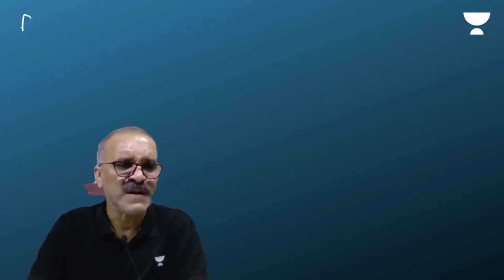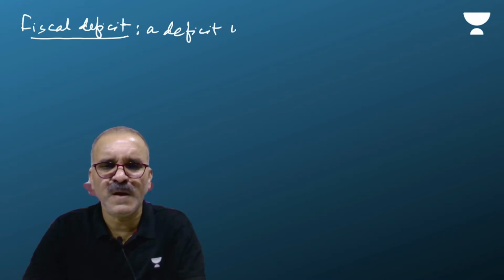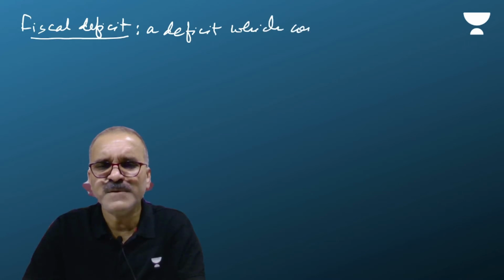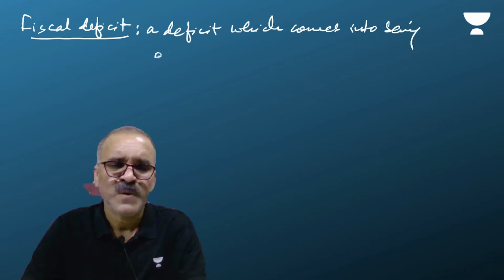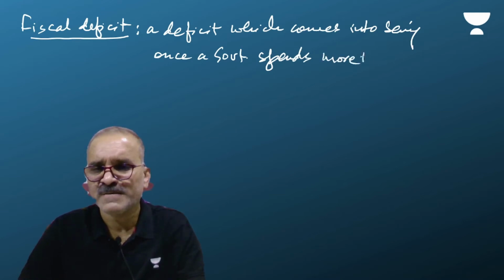Fiscal deficit is a deficit which comes into being once a government spends more than its income. This is fiscal deficit.